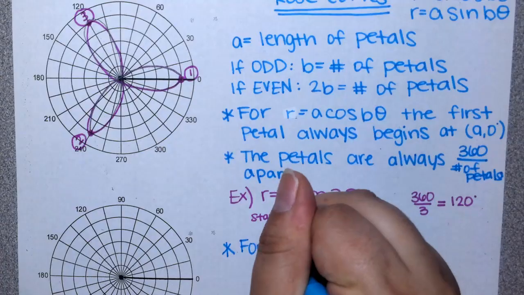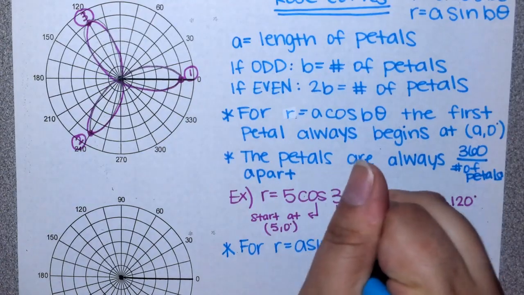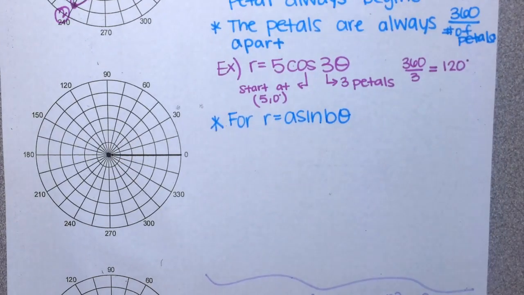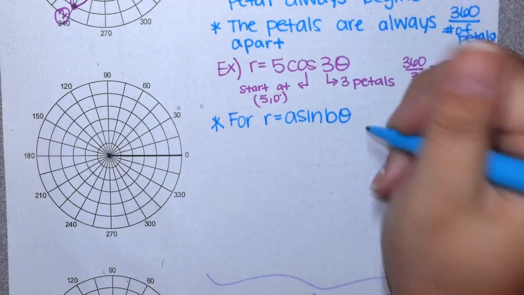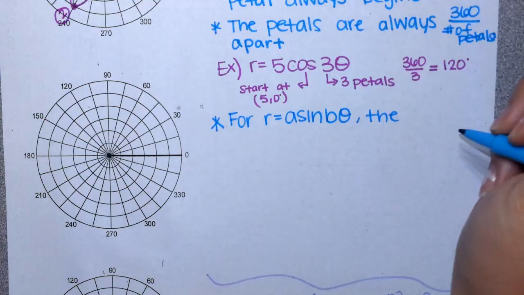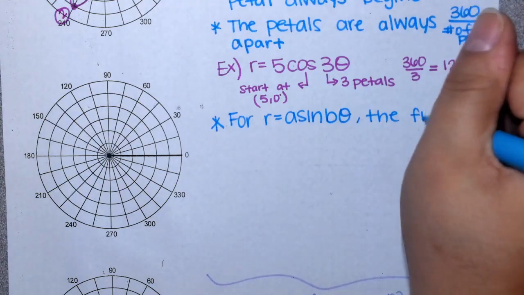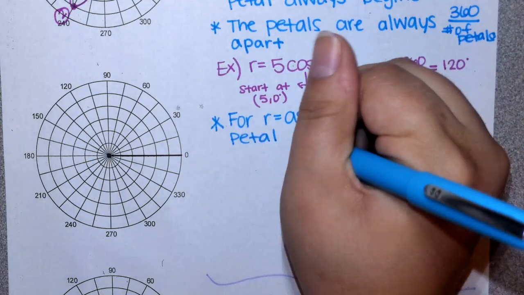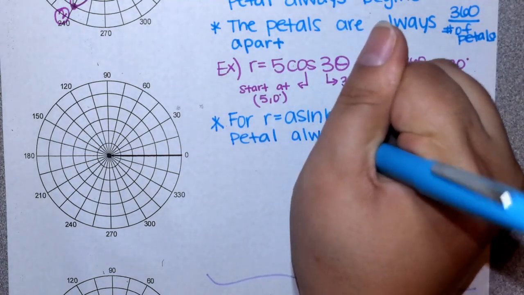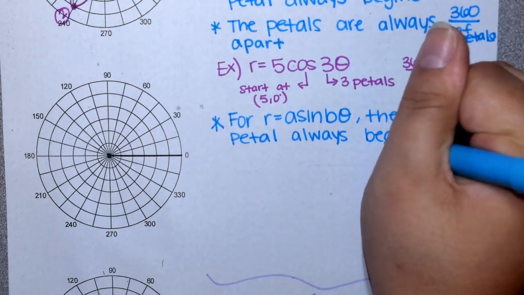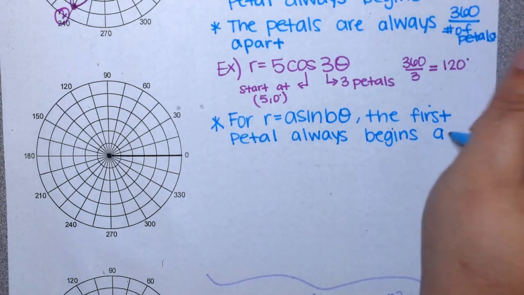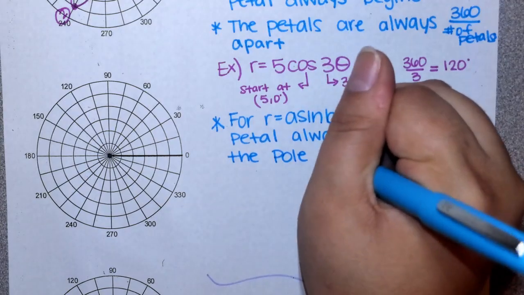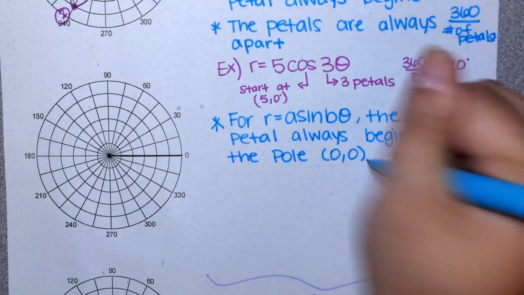Yes. For r equals a sine of b theta, sine is different. Why is sine different? Because the first petal always begins at the pole, 0, 0.